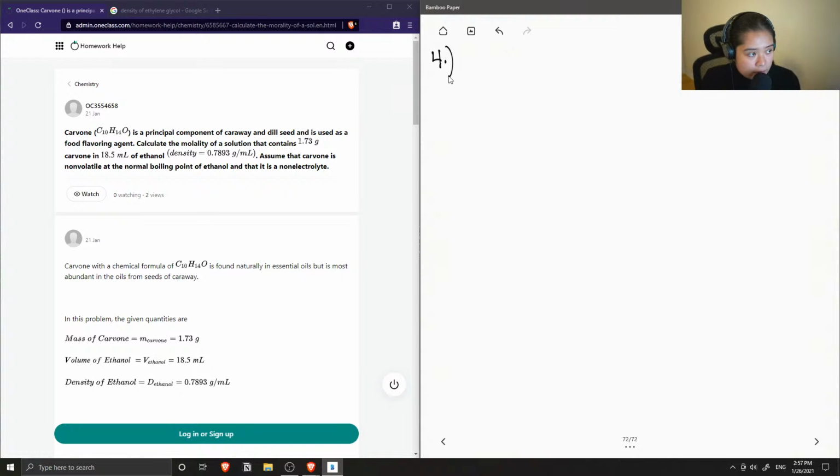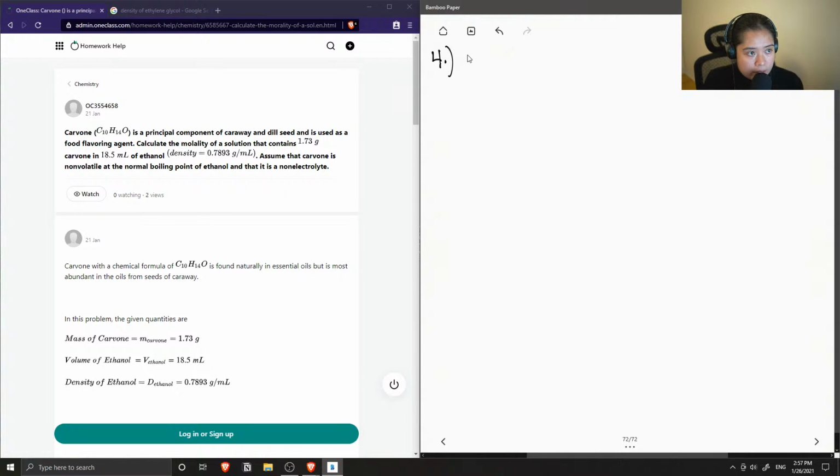So first, let's write down everything we know in this question, just because it will help us later on when we do calculations. So for carvone, we know that the mass is 1.73 grams. And let's also calculate the molar mass of carvone. So it's C10H14O.